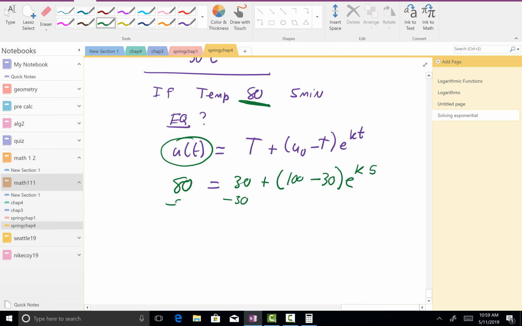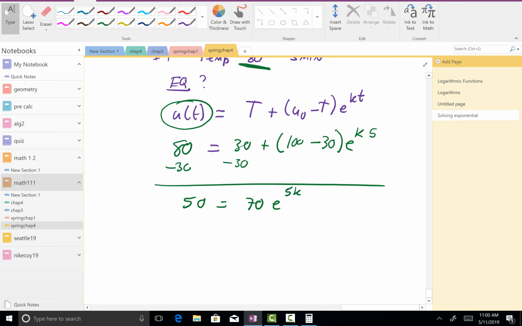Only thing that changes is a different application. Okay, still going to get it down, divide it, do the natural log, figure out K. Natural log of E doesn't matter because it's just 1. And now it's just a matter of just punching buttons and figuring out what's going on.